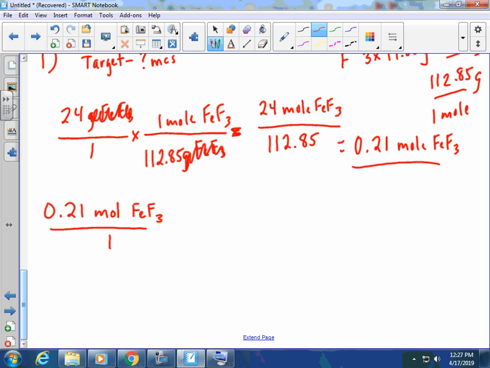All right, so I'm going to multiply it by something. I don't know anything about this thing except for I do know one thing. What do I know? Moles has to be on the bottom. Moles of FeF3 is up there. It's got to be down here.